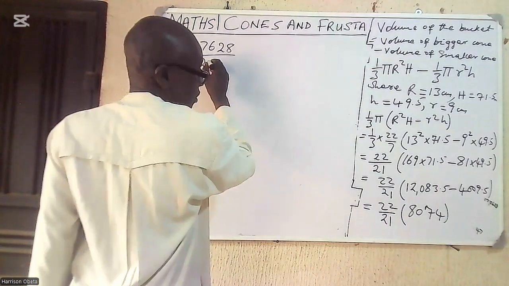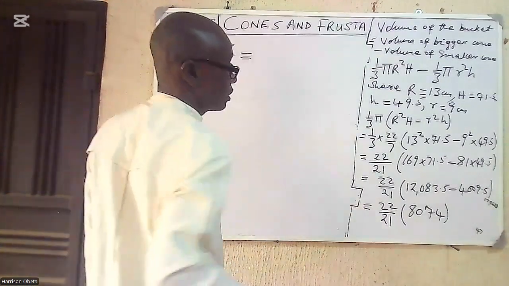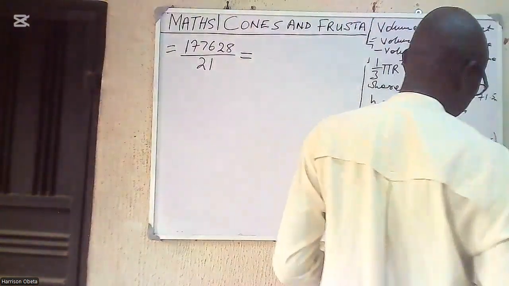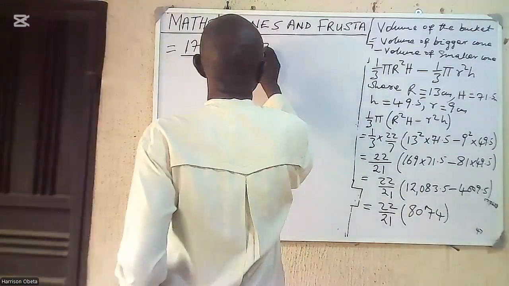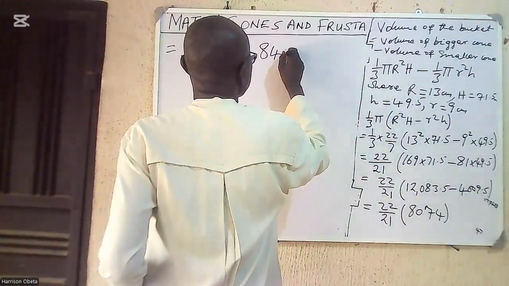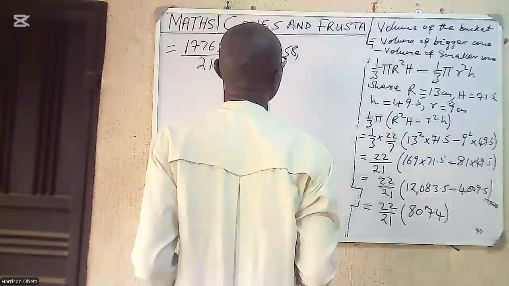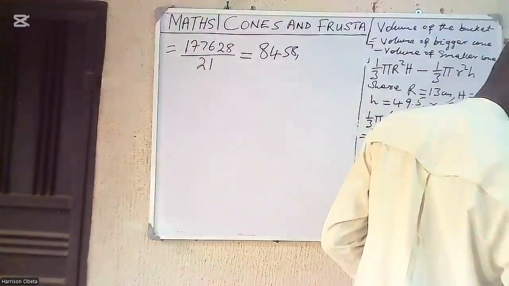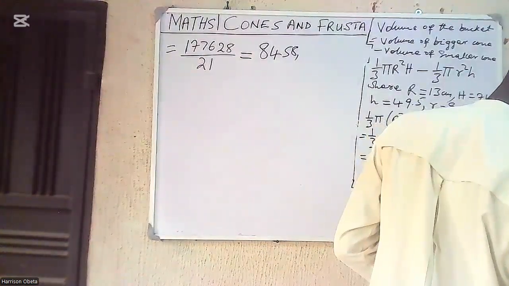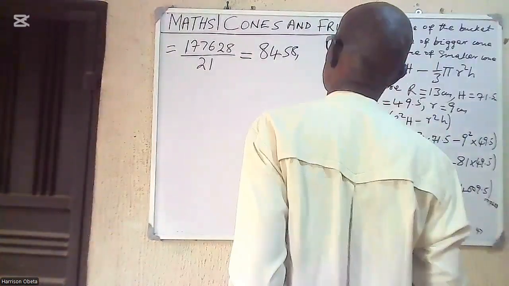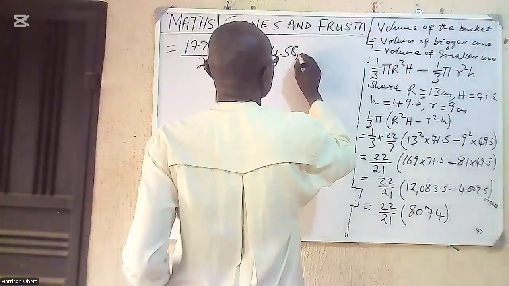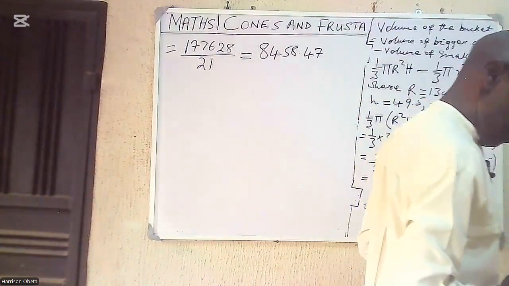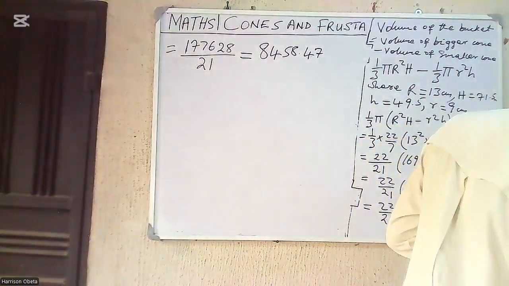We're dividing by 21, and that will give us 8458 point 0.47, that is 8458.47.